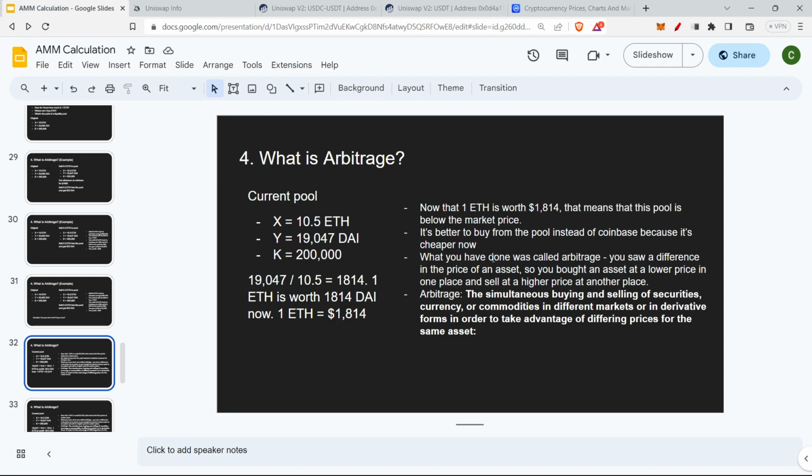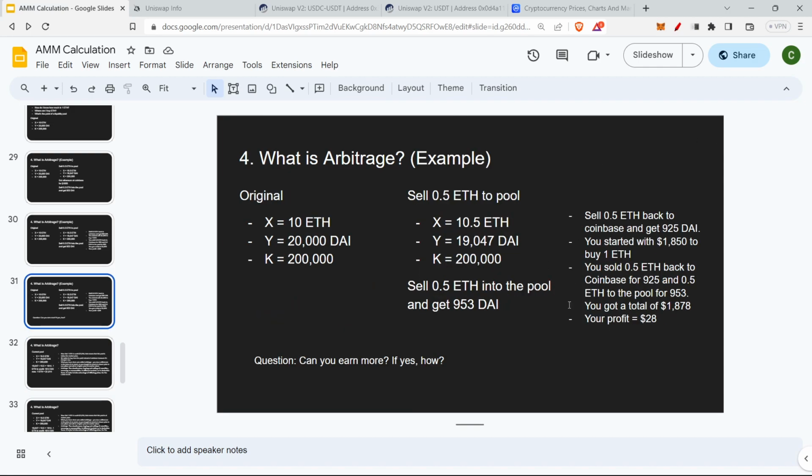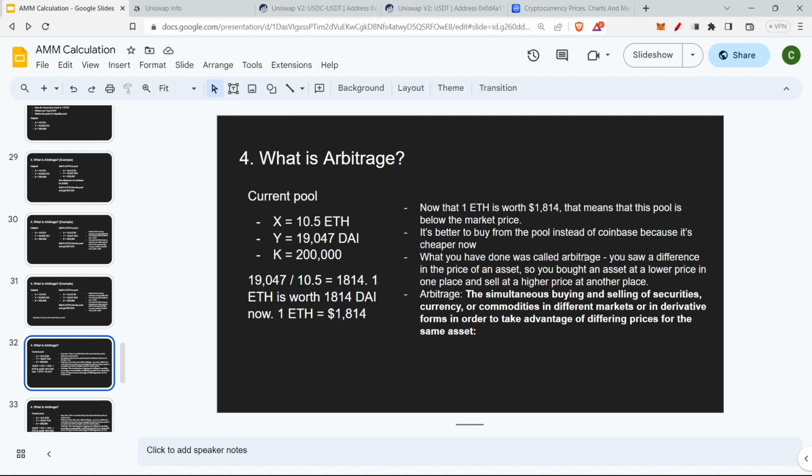What you have done by doing this and profiting $28 is that you have done arbitrage. You saw a difference in the price of an asset between two exchanges, one from Coinbase and one from this decentralized exchange. So you bought an asset at a lower price, at 1.85k, and then sold it at a higher price at another place.